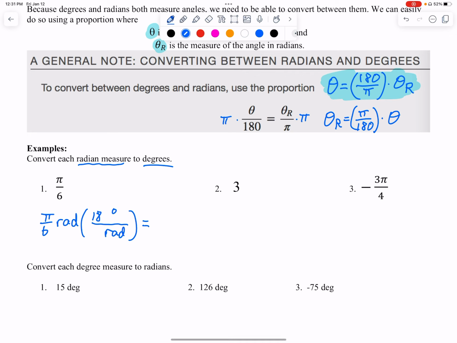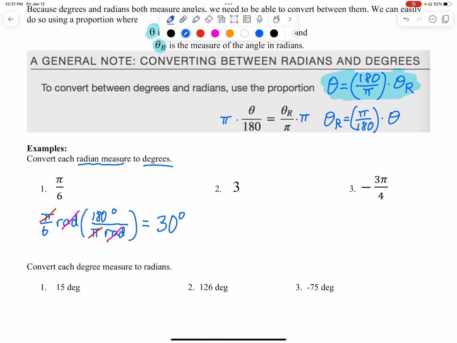So this is going to be 180 degrees over pi radians. It tells me which one to use, 180 over pi or pi over 180. And the way it tells me is now I know that these radians are going to cancel out, and it's going to leave me with pi over 6 times 180 over pi degrees. That really helps. These pi's cancel, and I get 180 degrees divided by 6, which I believe is 30 degrees.